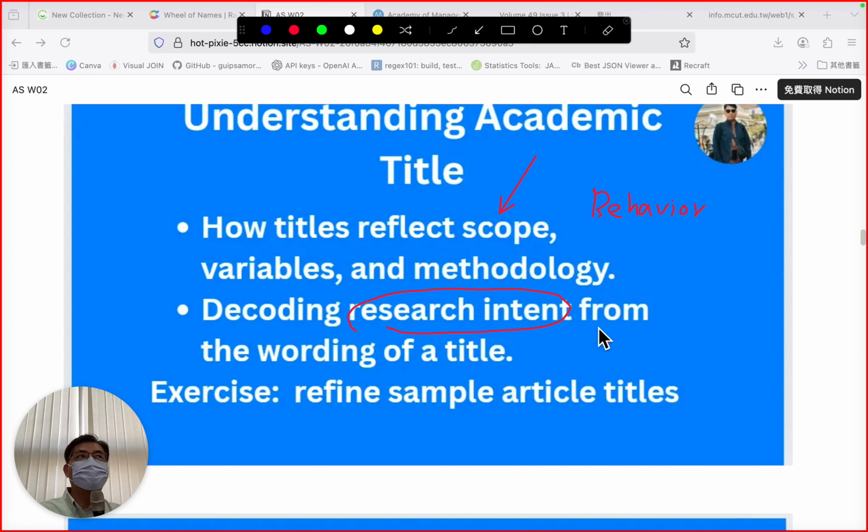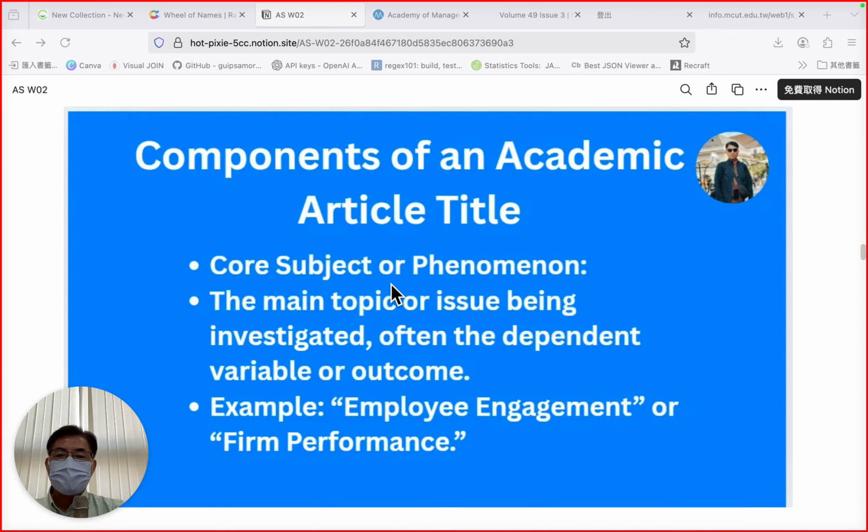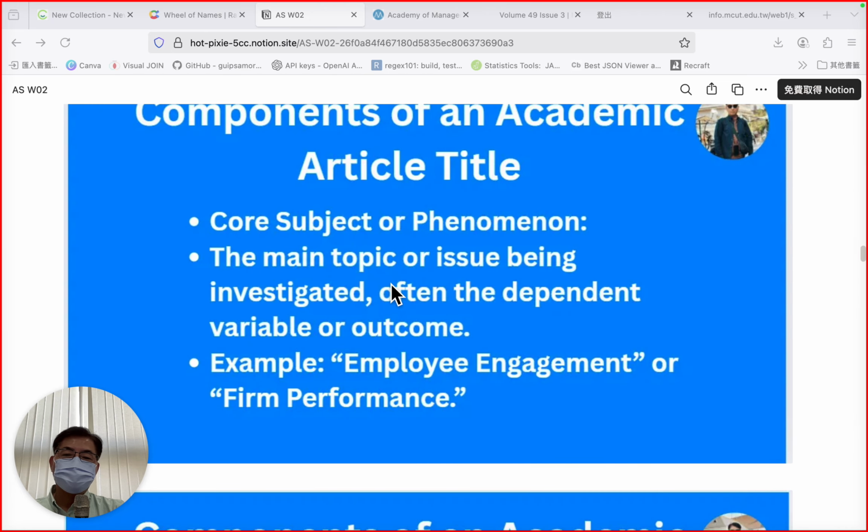Maybe the Korean Wave as a moderator is something new, so it is shown in the title. So you decode the research intent from the wording of the title. Okay, I will skip this part of the exercise. Just write it down. Keep talking about that.